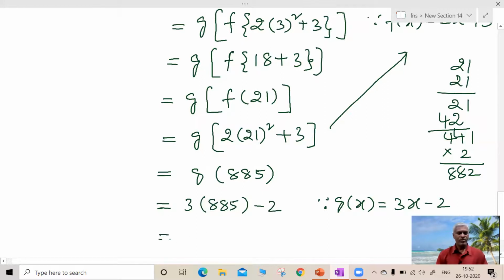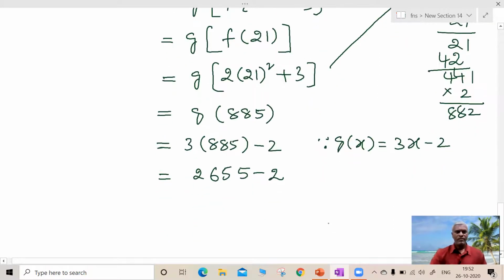That is equal to 3 into 885, this is 2655, minus 2, and this will be 2653. So this is how we find G circle F circle F of 3.